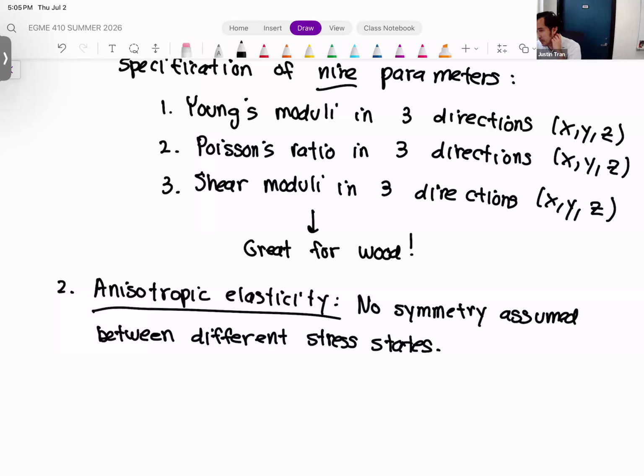Because even in orthotropic elasticity, and it's not something that's typically stated, there's actually a lot of symmetry assumptions that are made to get the parameter list down to nine.